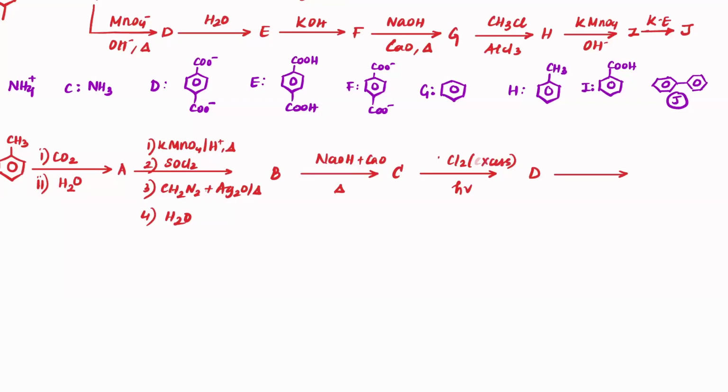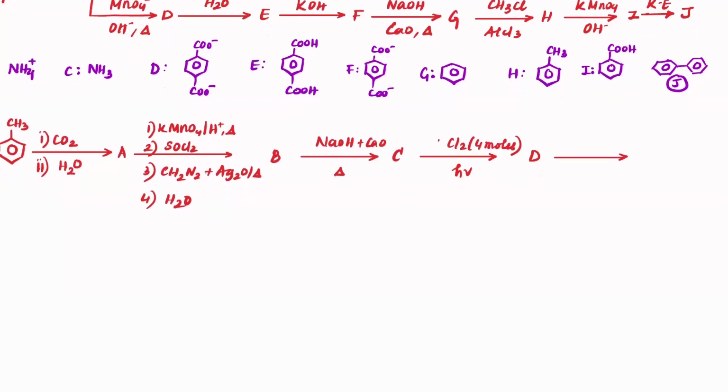Yeah, not excess, my mistake. 4 moles. Okay. 4 moles. We are getting this as D, 4 moles. Then we are doing hydrolysis in basic medium to get this as E.